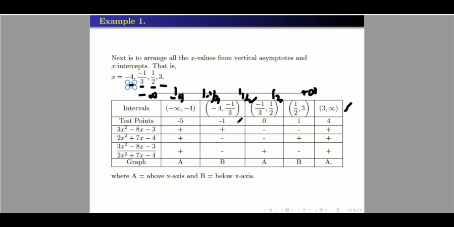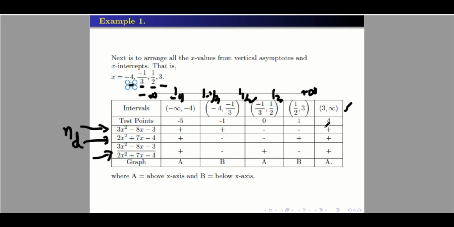So -5, 0, 1, and 4. Next, this is the numerator, this is the denominator, and the last one, of course, is the numerator divided by the denominator.